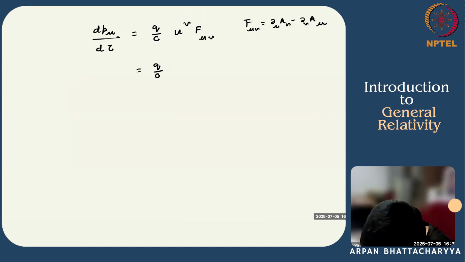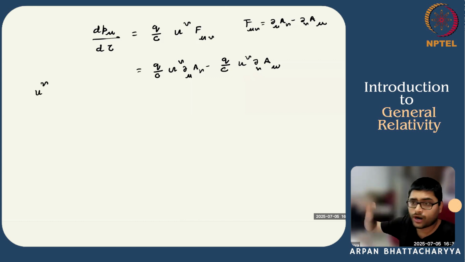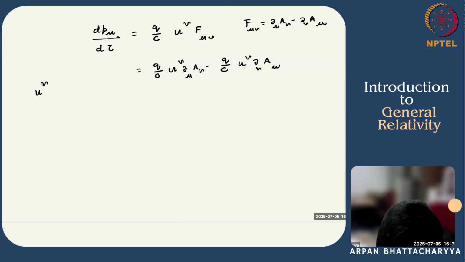One is u nu del mu A nu minus u nu del nu A mu, with q by c. But now what is this? Remember, u mu is basically the tangent vector to the world line of the point particle, which is nothing but dx mu by d tau.